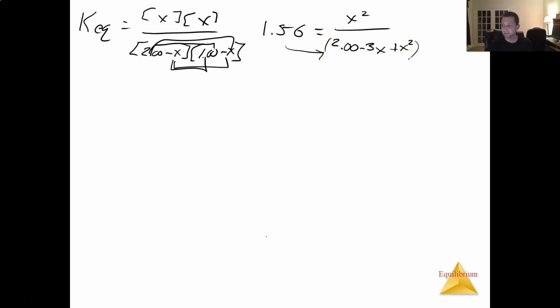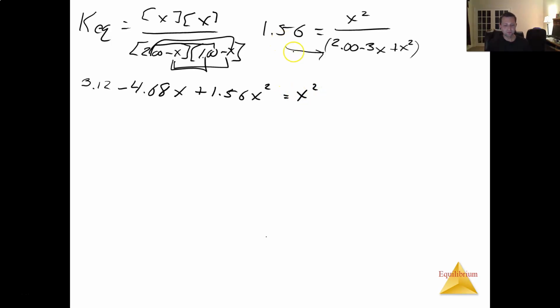Okay, and what we're going to end up with is 3.12 minus 4.68x plus 1.56x squared equals x squared.